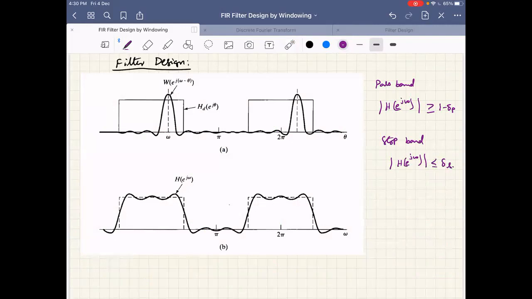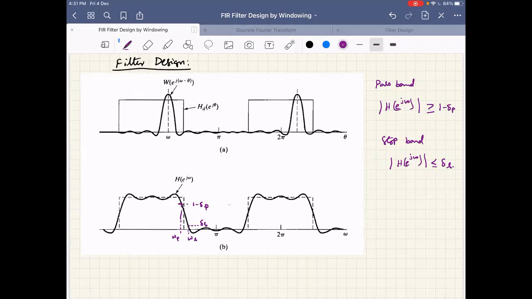Okay, so here you can see that up to here it is above 1 minus delta p, and this is the cutoff frequency of the pass band. And this is delta p, delta s. Then below omega s is the cutoff frequency of the stop band.